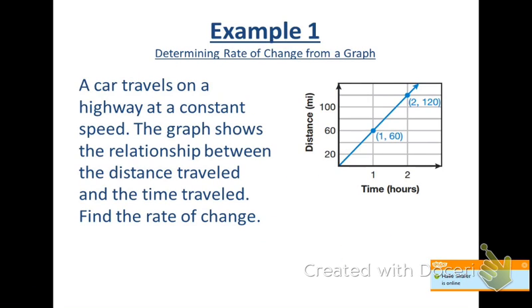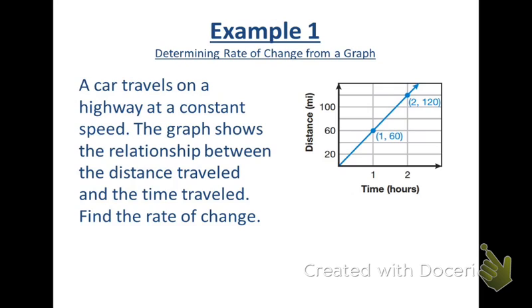The graph shows the relationship between the distance traveled and the time traveled. Find the rate of change. What would the rate of change be here for this one? Rate of change? Where'd you get that from? For every increment it moves to the right 1, it moves 60 up. Okay.